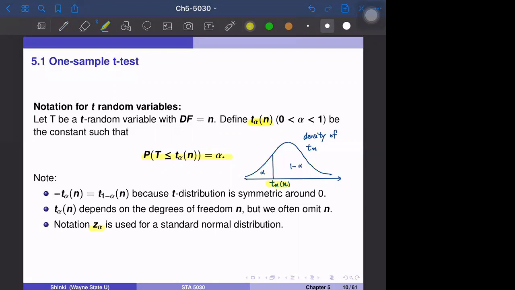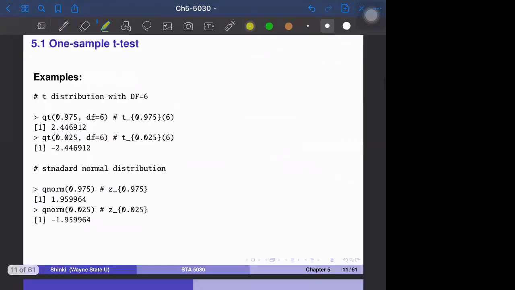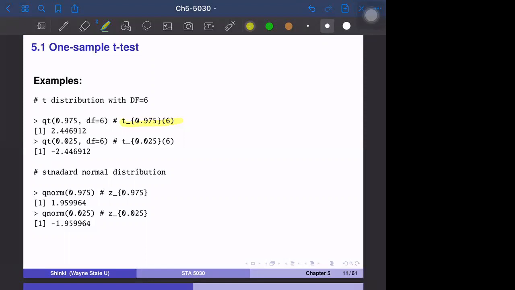So for example, what is T sub 0.975 of 6? That is the quantile point for the T distribution with df 6. So this is the T distribution with df 6, which should be symmetric.